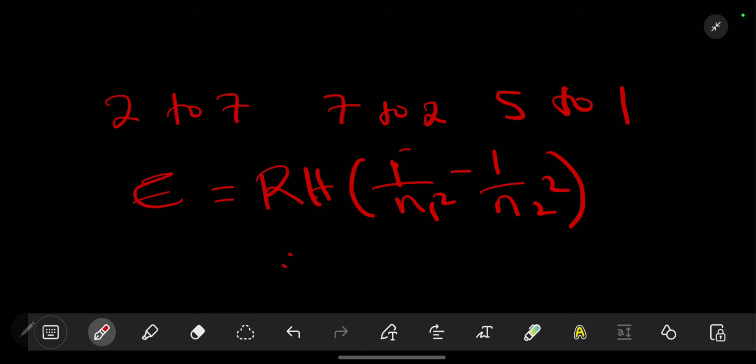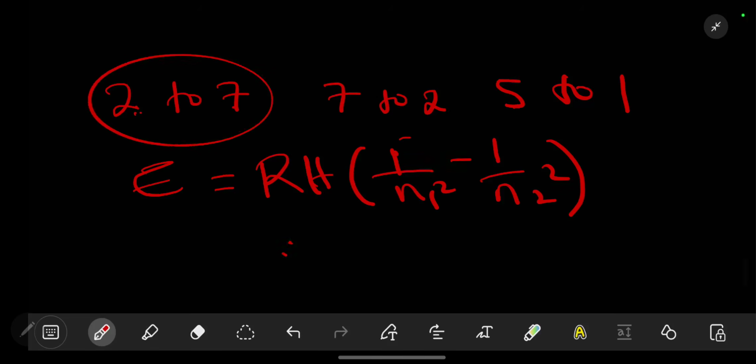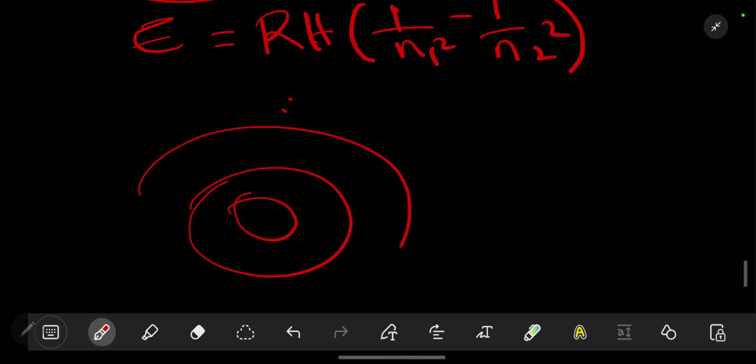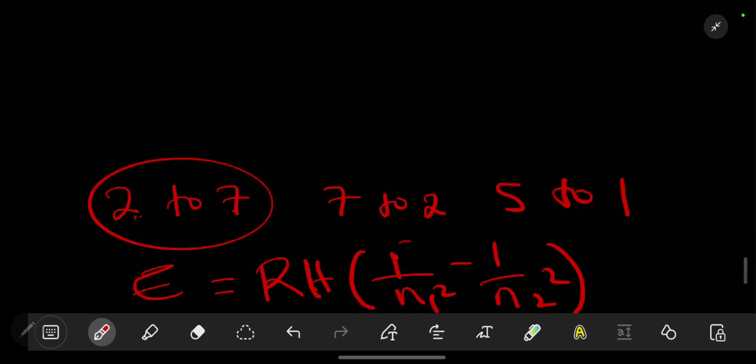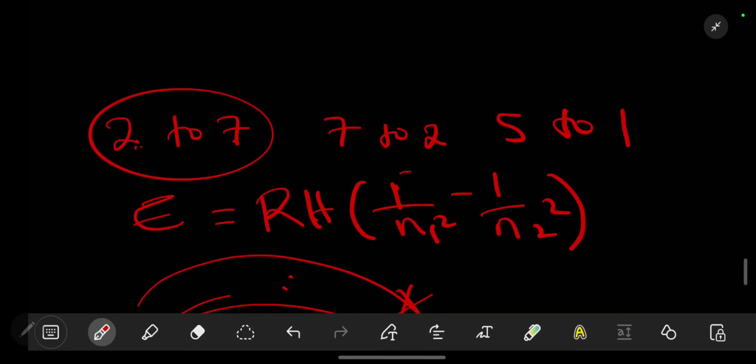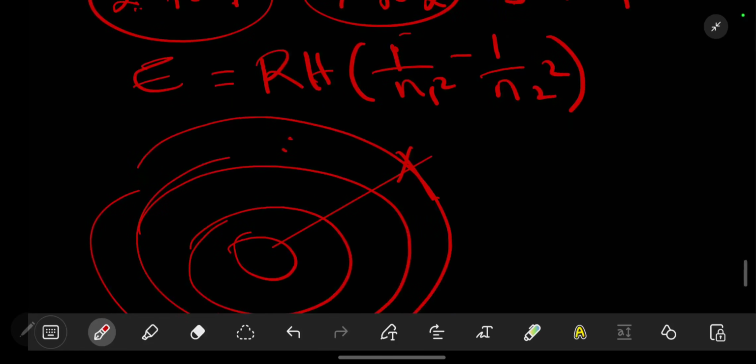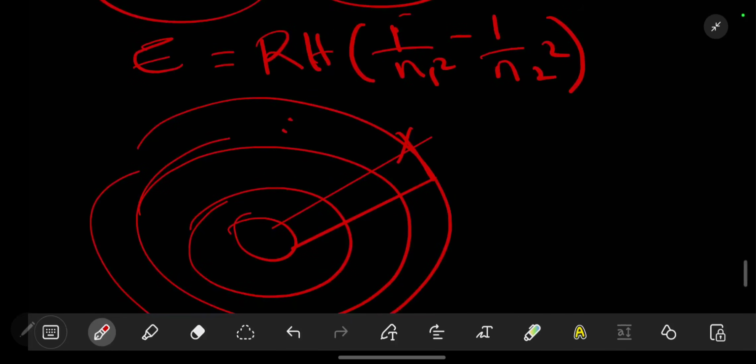So let's verify. From 2 to 7, this one is absorbing energy, because if an electron is at 2, when it absorbs energy, it will jump like that. However, 7 to 2 will release energy, because it is going from a high energy level to a lower energy level, so it will lose energy. So let's test this.